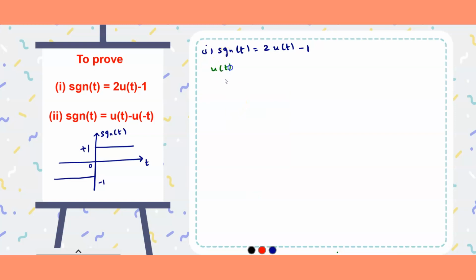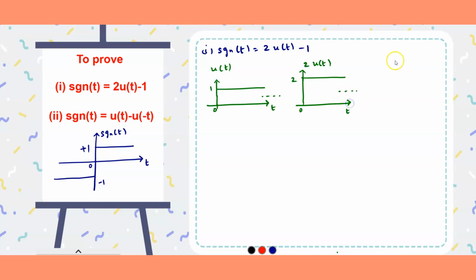So u of t you know, then 2 into u of t, also you know, is amplitude scaling, then 2 u of t minus 1. From the 2 into u of t, you are subtracting 1, which is actually looking like signum of t, right? So the first one is proved.